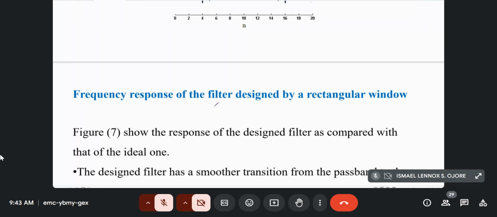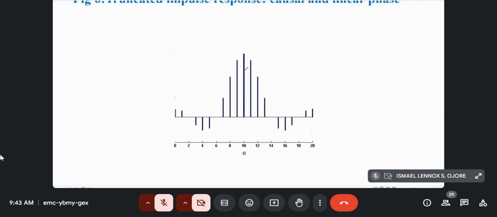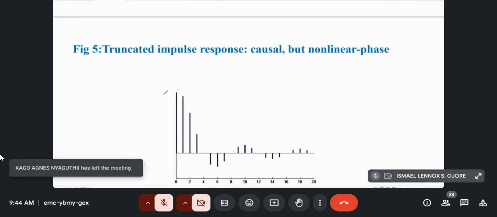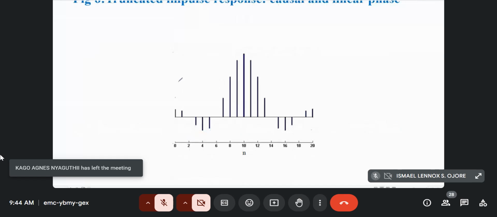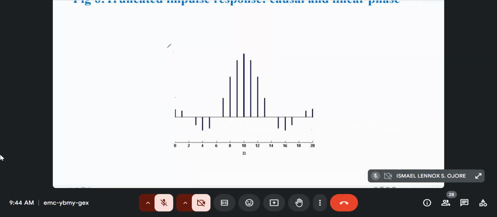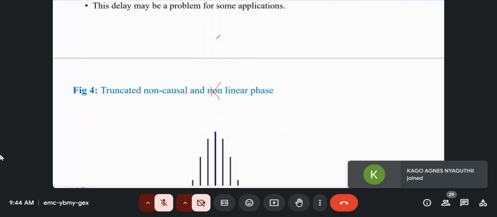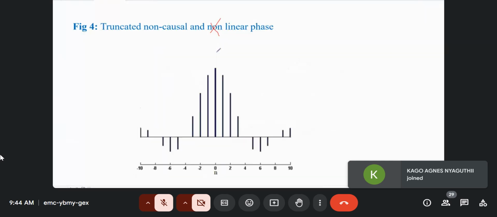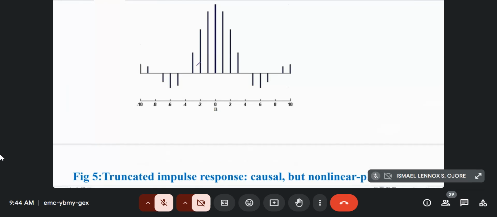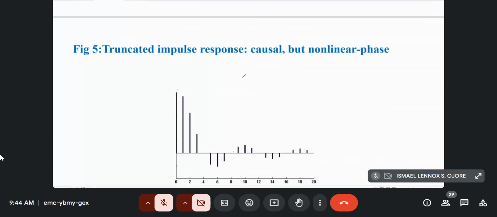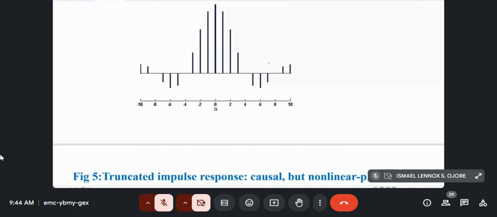So, the frequency response of the filter designed by a rectangular window. We are multiplying this hd(n) by a rectangular window, and that's for truncating. The hd(n) is this one, and the rectangular window simply gives us that.